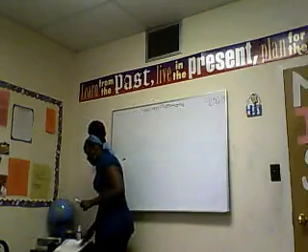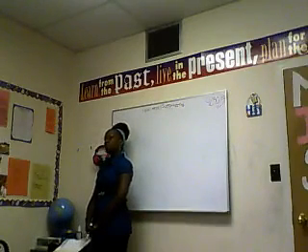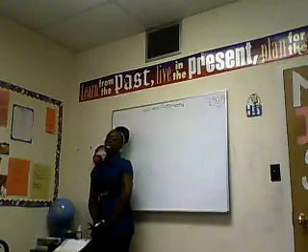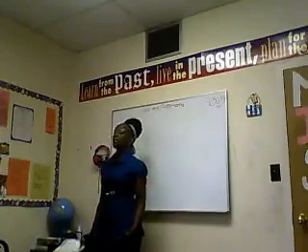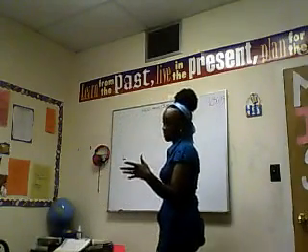Alright, let's do these mixed numbers. Mixed numbers are basically the same way. You're going to do the same thing to mixed numbers as you do to fractions, except the only thing is you have whole numbers now.